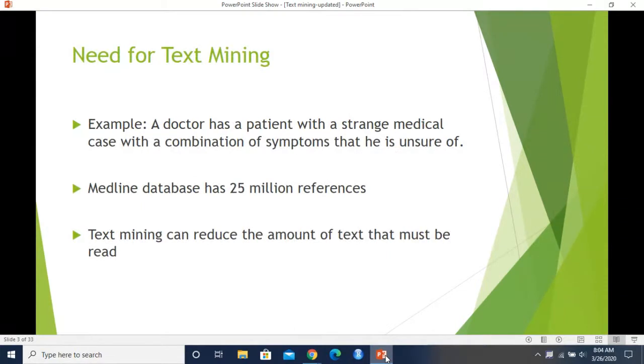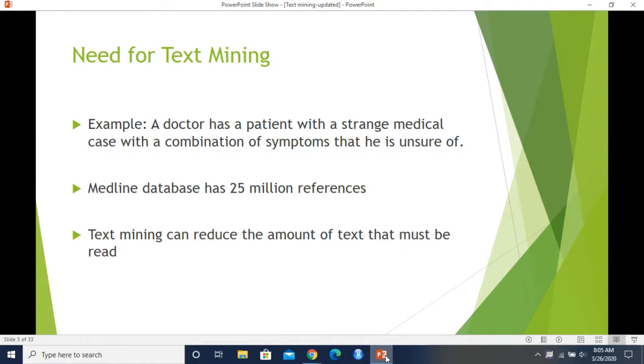We can better understand the need for text mining with an example. Let's say a doctor has a patient with a strange medical case with a combination of symptoms that he or she is unsure of.